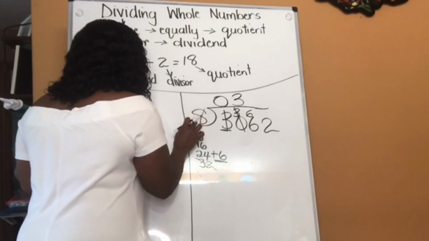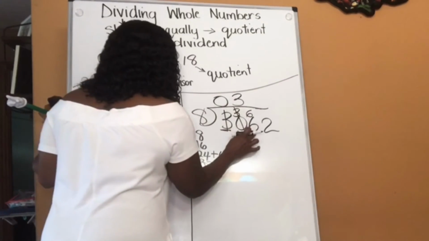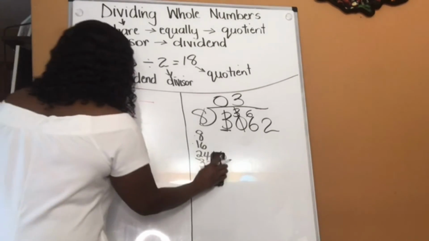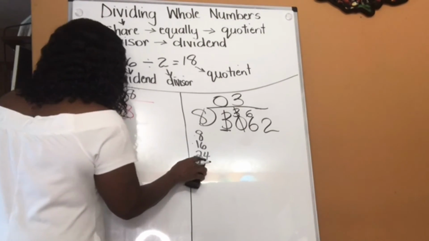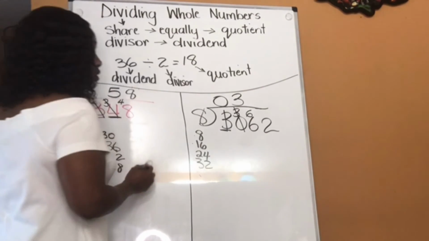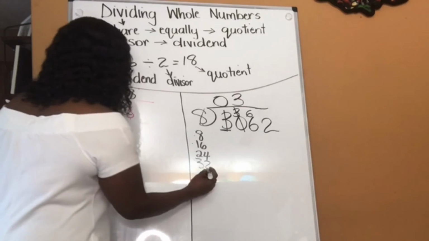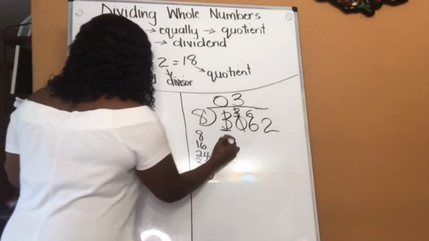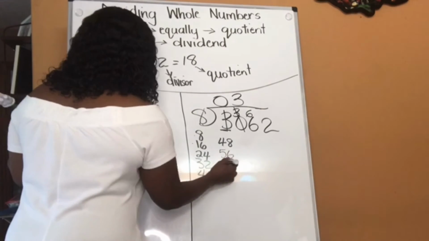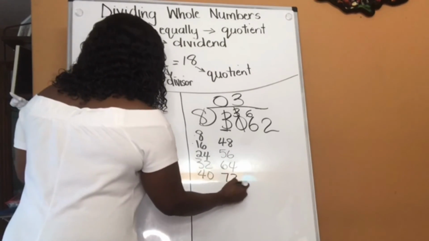Now, how many sets of 8 can I get from 66? So I have to keep counting until I get to 66 or to a number close to 66. That's 32. So 40, 48, 56, 64, 72.